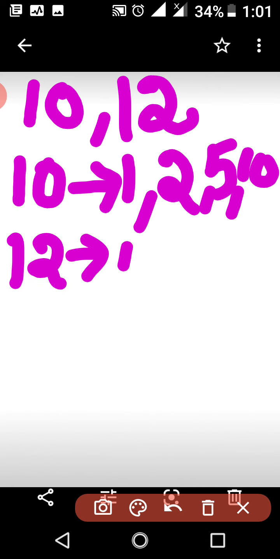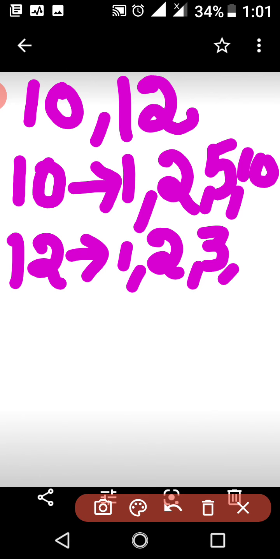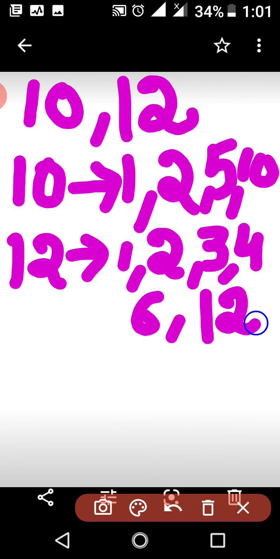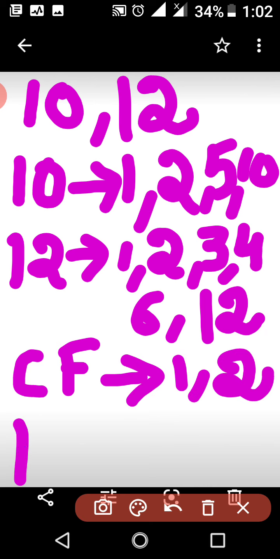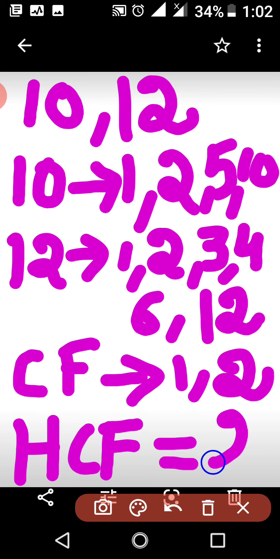Factors of 12 are 1, 2, 3, 4, 6 and 12. Now if you observe both sets of factors, what are the common factors? Common factors are 1 and 2. So the highest common factor is 2 only.